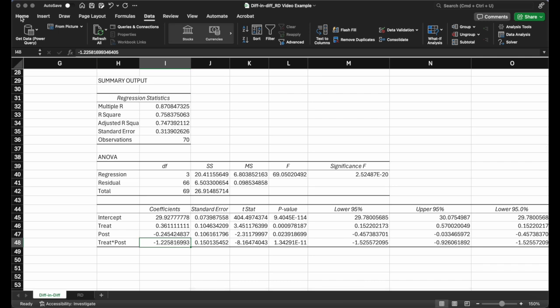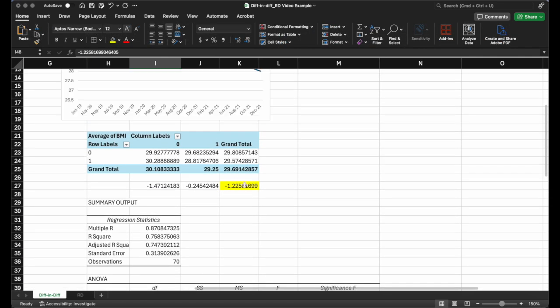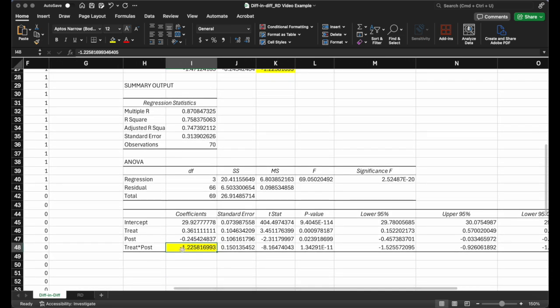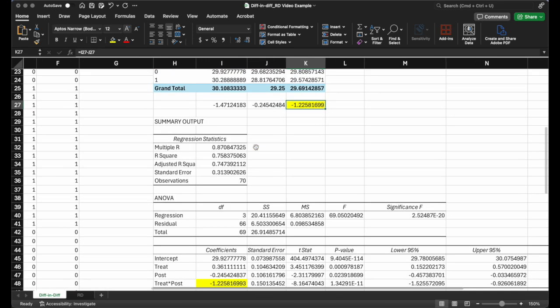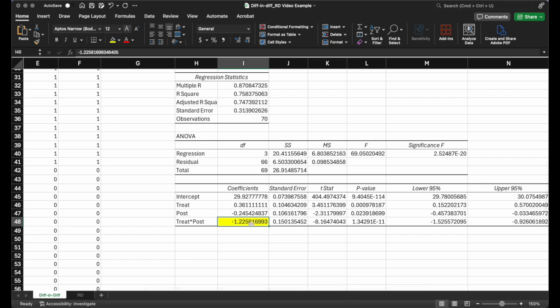It's the exact same as what we found in the difference in differences. So the effect of being a 1 in treat times post, relative to being in any of the other groups, is 1.22. Regression gives you the same exact difference in differences when you use this interaction term, treat times post.